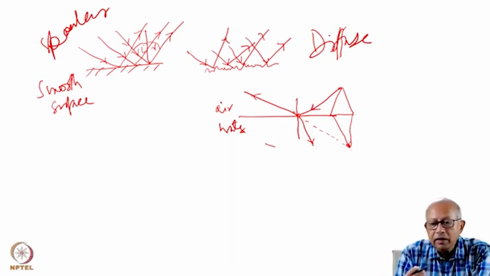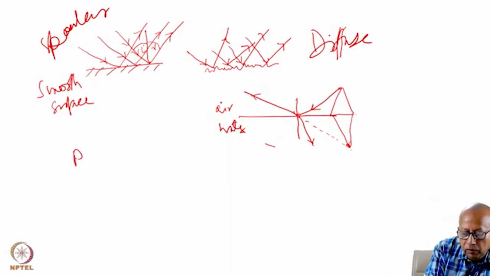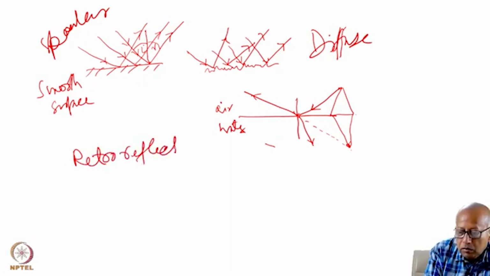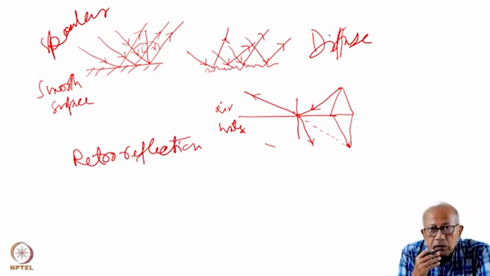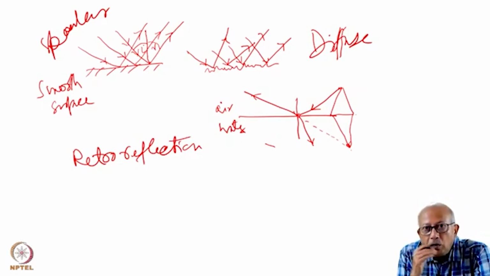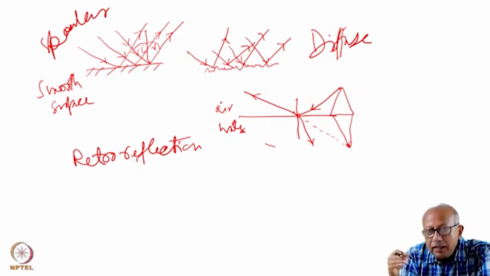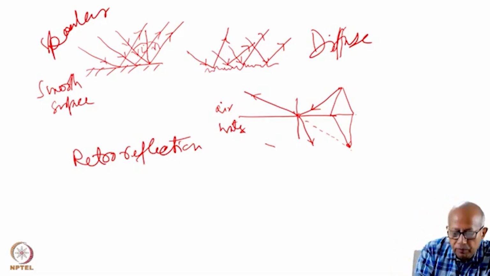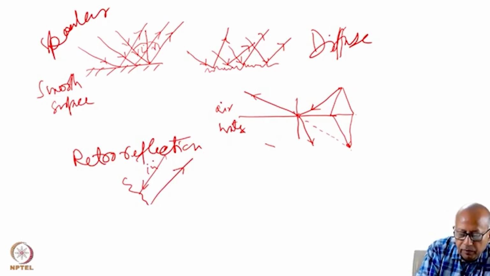There is yet another kind of reflection that we talked about, which is called retroreflection. Retroreflection occurs on some surfaces on which, if light shines, the reflected ray travels exactly in a direction opposite to the incident light.